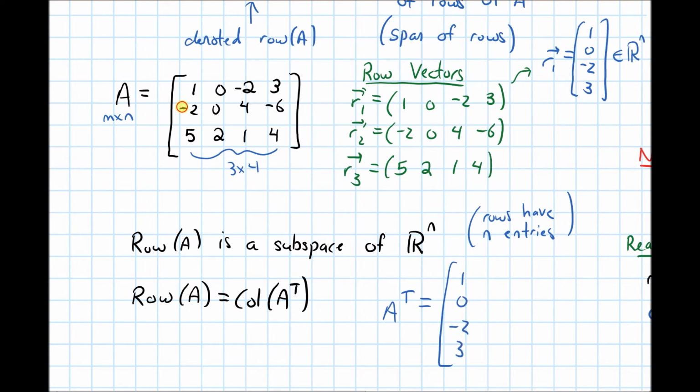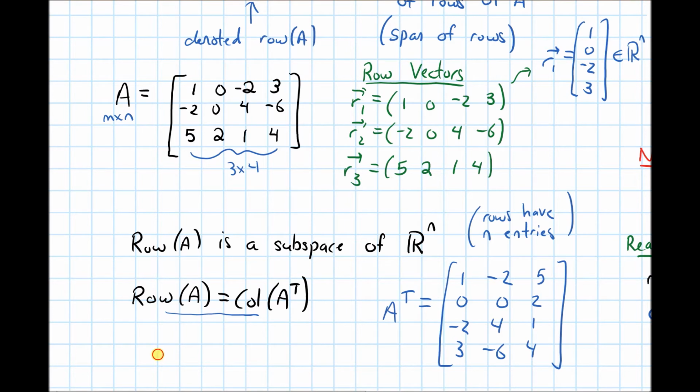The second row becomes the second column, -2, 0, 4, -6. And then the third row becomes the third column, 5, 2, 1, 4. So if we look at the column space of this matrix, the span of these columns, that's the same thing as taking the span of the rows in the original matrix. And that's what this statement says.